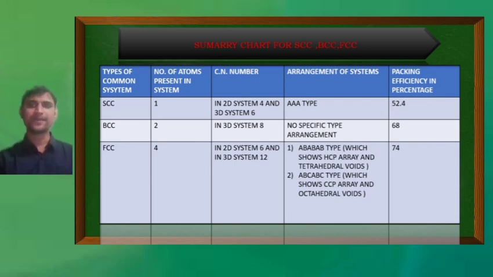In ABAB type, FCC shows HCP arrangement and tetrahedral voids. In ABC type, FCC shows CCP, that is cubic close packed arrangement, with octahedral voids, and the packing efficiency in percentage is 74%.